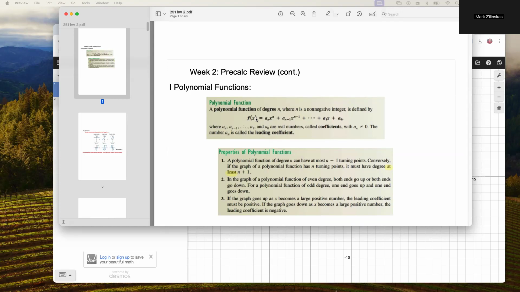But the key here is that the coefficients of the independent variable x here are real numbers. Usually you're given either fractions or integers. So you'll be dealing with rational numbers. Theoretically, we could have a square root of 2 or square root of 5 or pi or something like that, an irrational number, be a coefficient, but that's very rare, especially in this course.